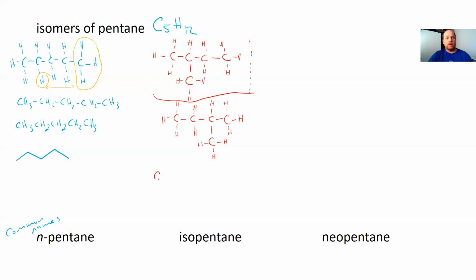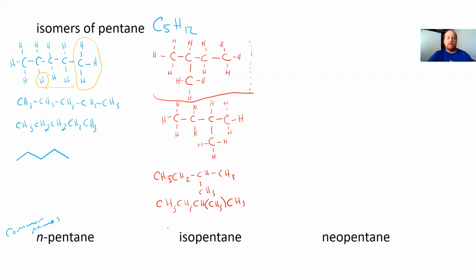So the other versions, of course, of drawing these structures are the condensed structural formulas: CH3, CH2, CH, and then parentheses CH3, and then CH3 again.